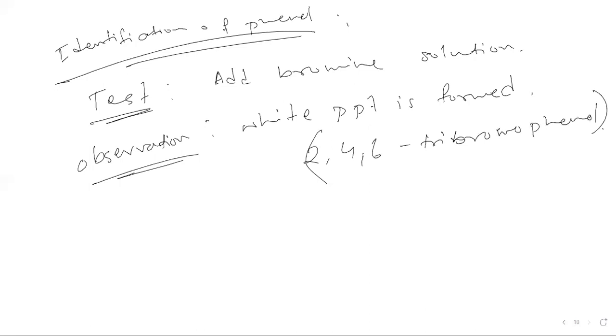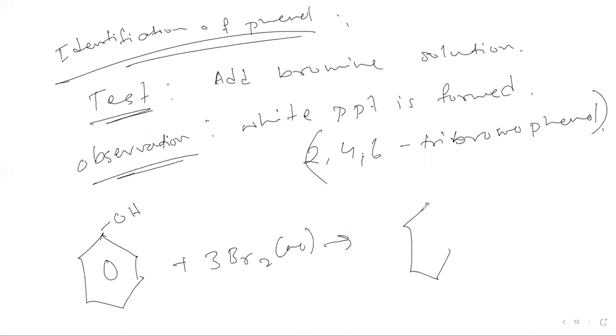That means when we add bromine to this phenol, what is going to happen? Simply OH, Br will be formed. Now remember, each Br that reacts with one carbon is going to form just a single bond, isn't it?